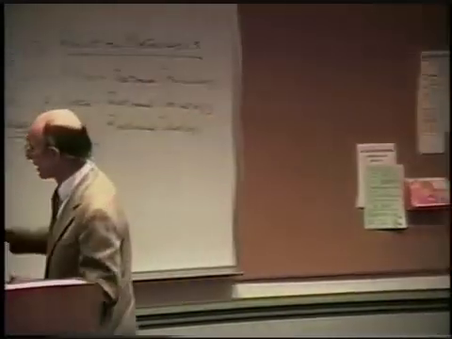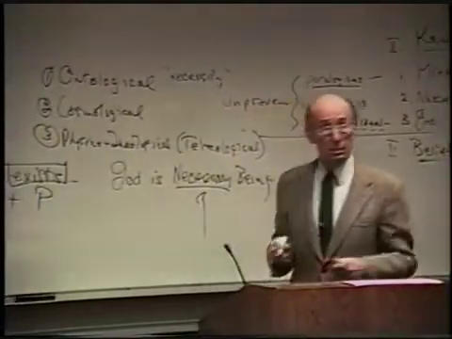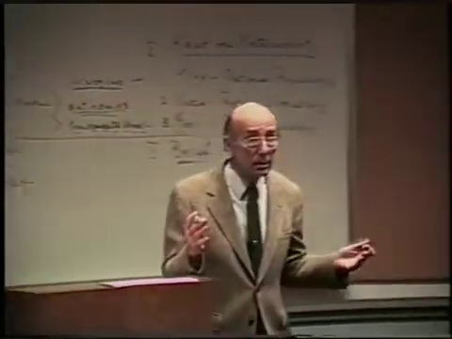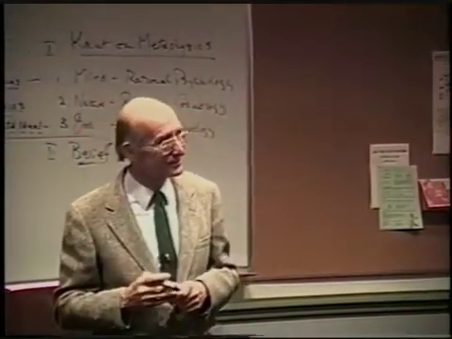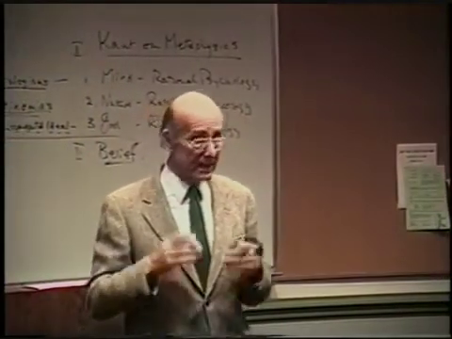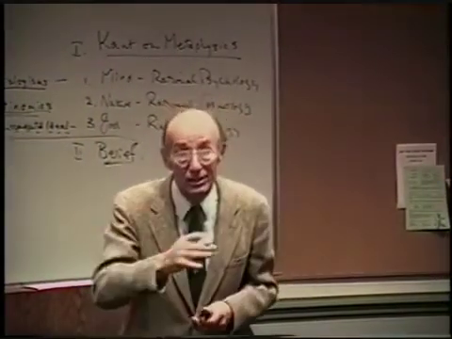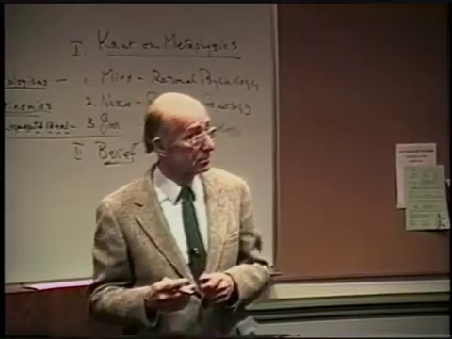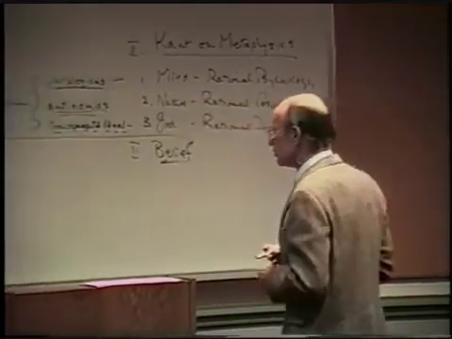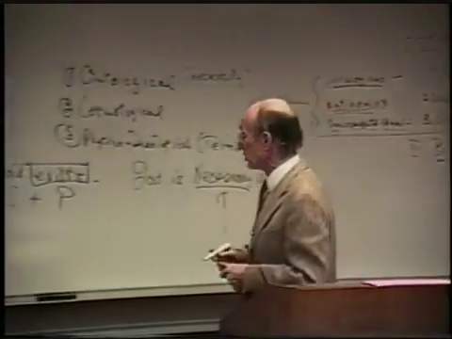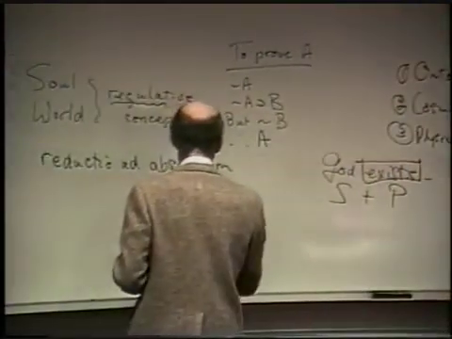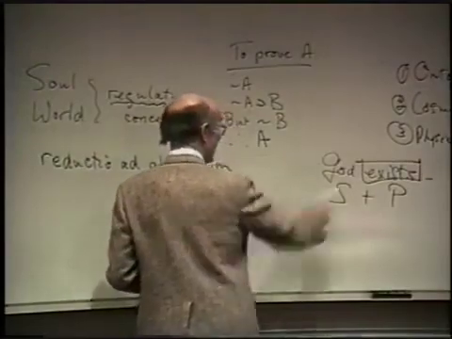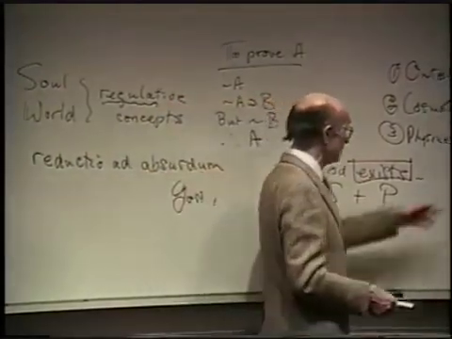But as soon as you predicate necessity, you're invoking an a priori concept. One of the categories of modality, contingency and necessity. So the ontological argument is trying to unpack the concept of God as necessary being.